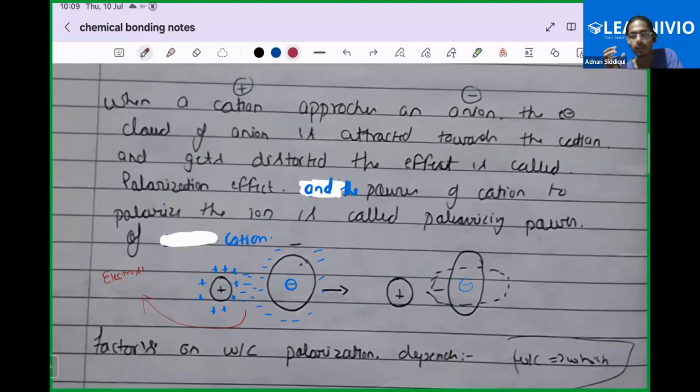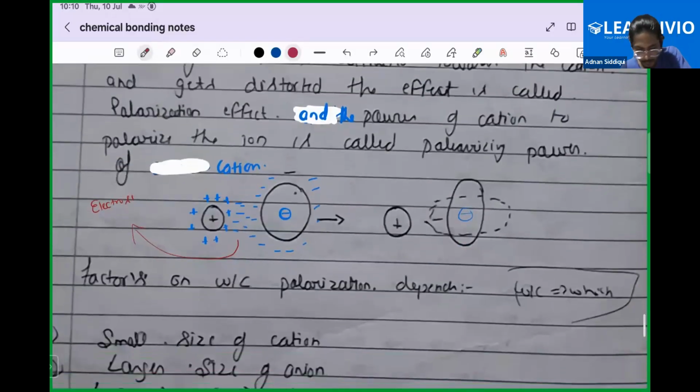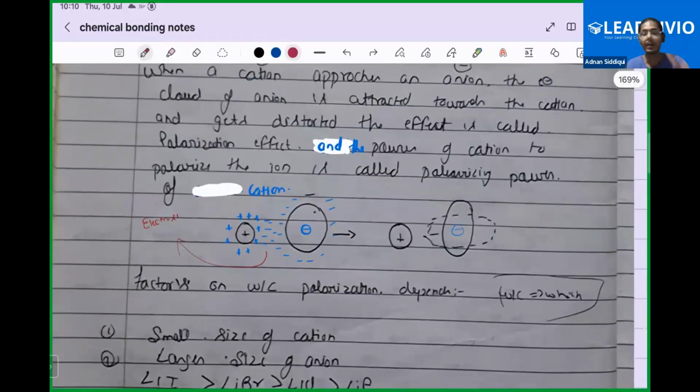If you read it with me, what is written over here is: when a cation approaches an anion, the electron cloud of the anion is attracted toward the cation and gets distorted. The effect is called the polarization effect, and the power of the cation to polarize the anion is called polarizing power. So the smaller the cation and the bigger the anion, the more polarization will occur.